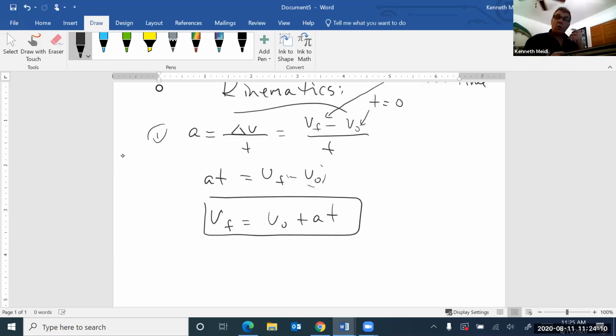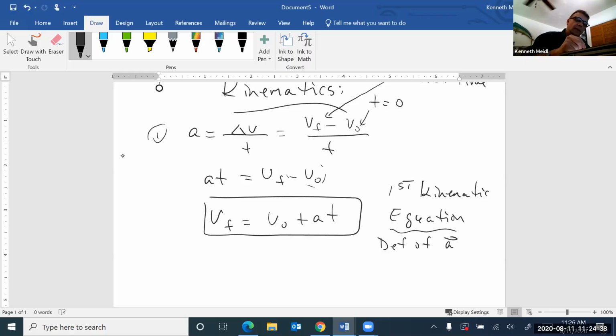Now, what is this? This is really nothing more than the definition of acceleration, just with some steps of algebra to write it in a slightly different form, but all the same information is there. I'm going to refer to this as our first kinematic equation. And it's really just the definition of acceleration.